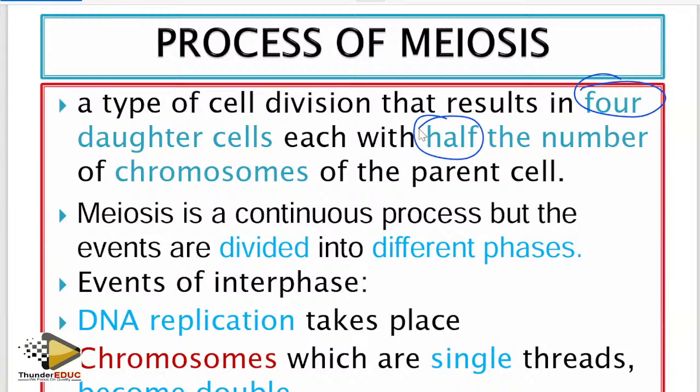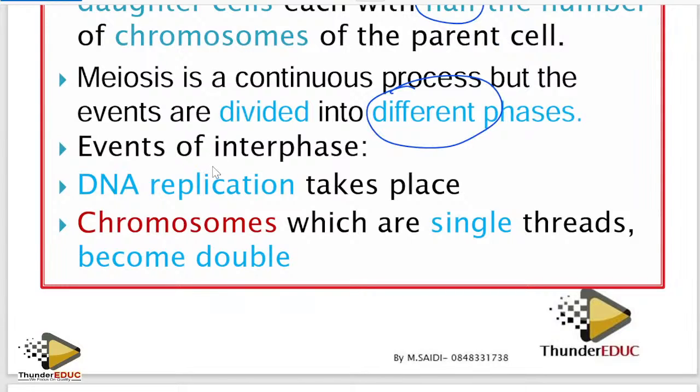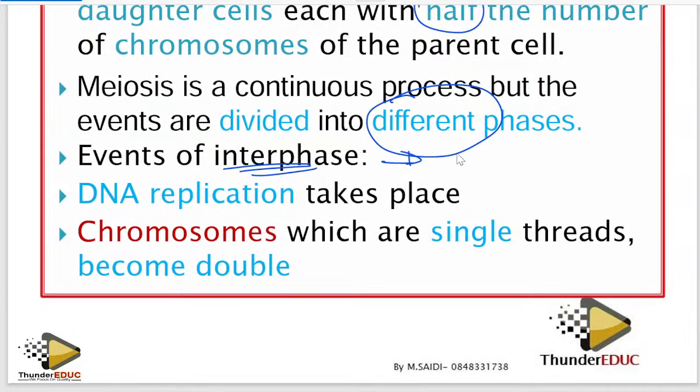These cells have half the chromosome number of the parent, and meiosis has different phases. These different phases constitute meiosis as a full process. But there is a phase called interphase. Sometimes people think that interphase is a part of meiosis. Actually, I usually call interphase a growth phase.